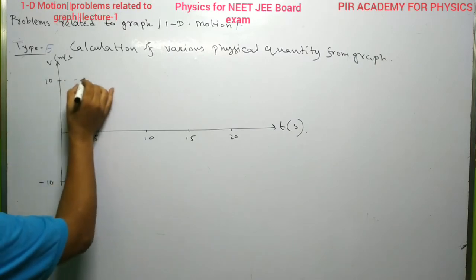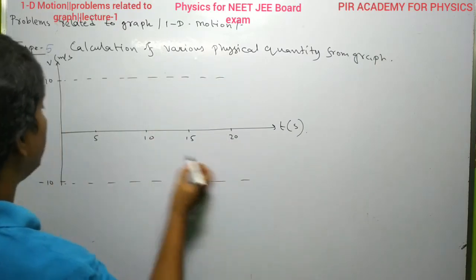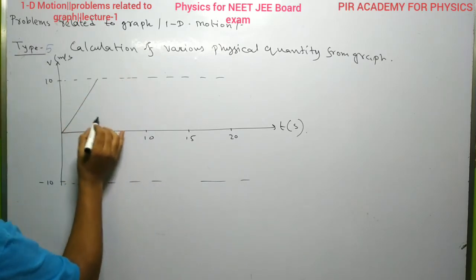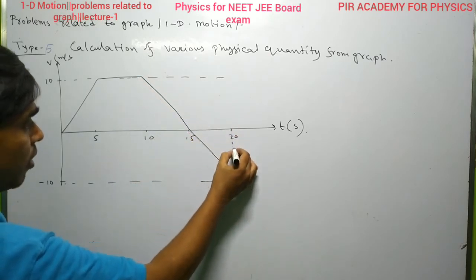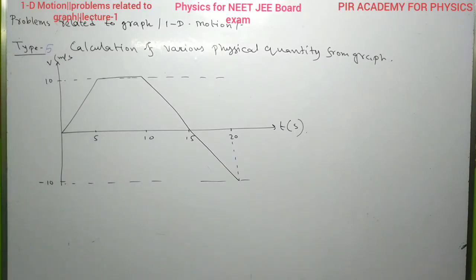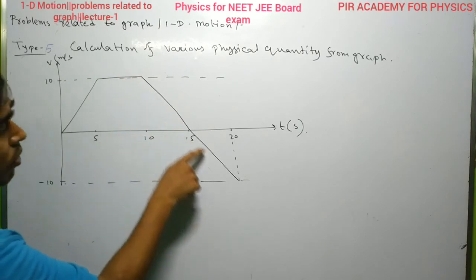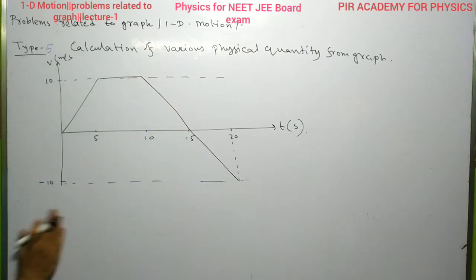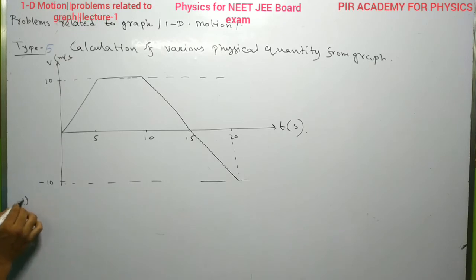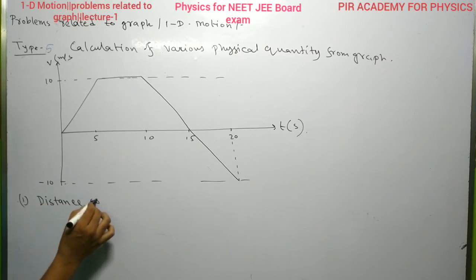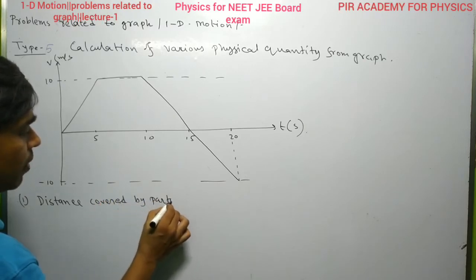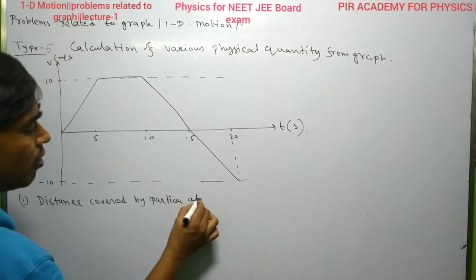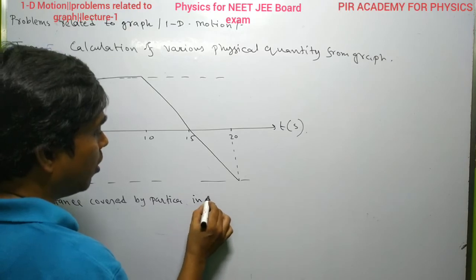If the velocity is changing according to this graph, then first you have to calculate the distance covered by the particle in 20 seconds.